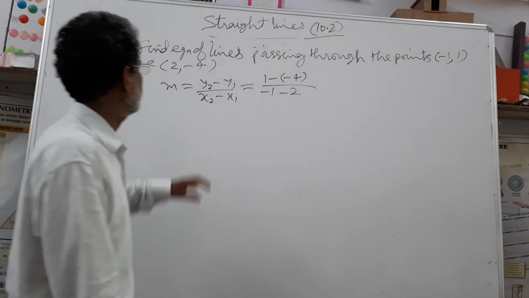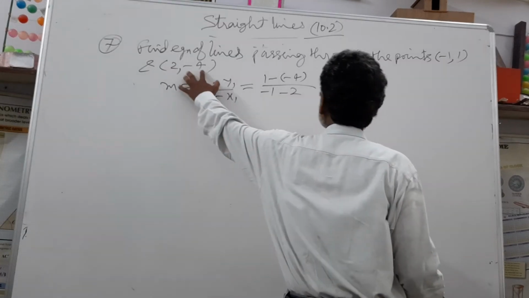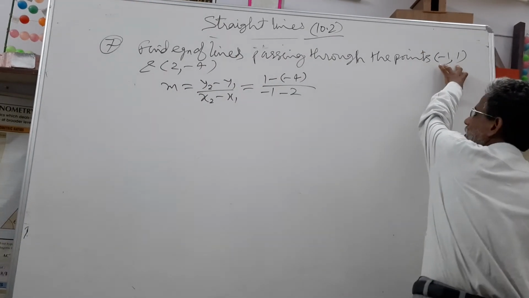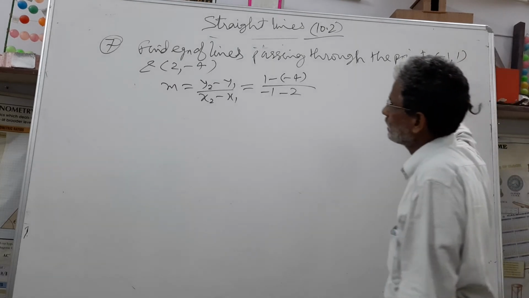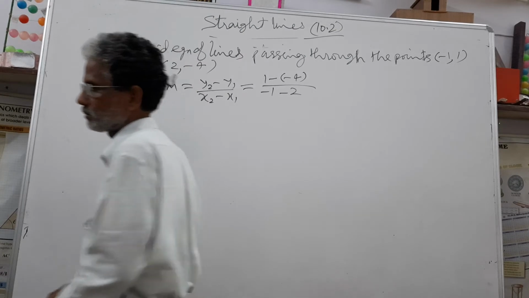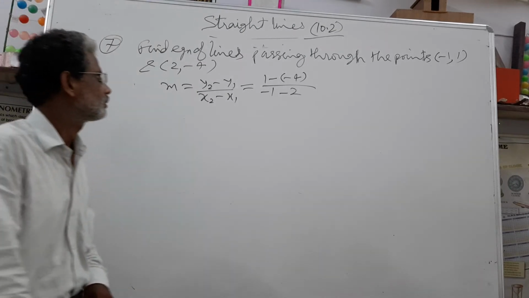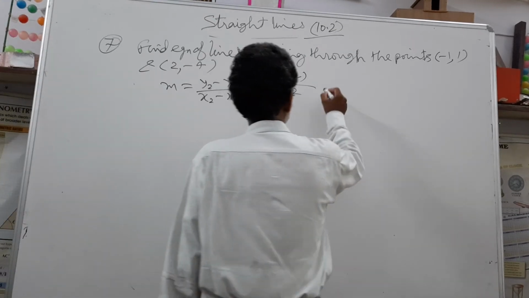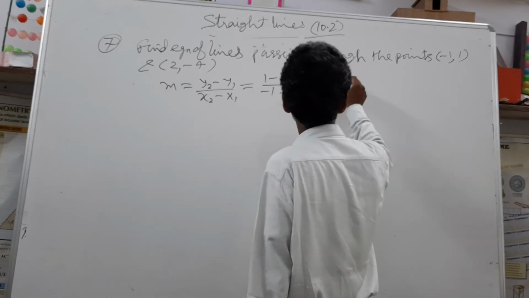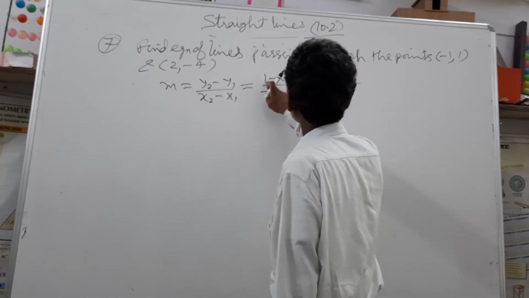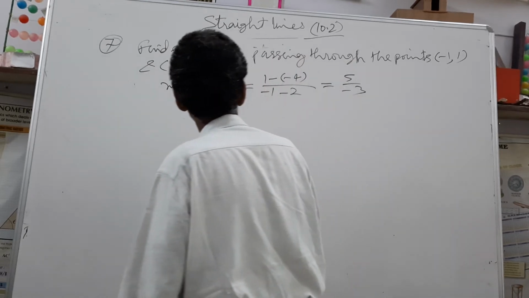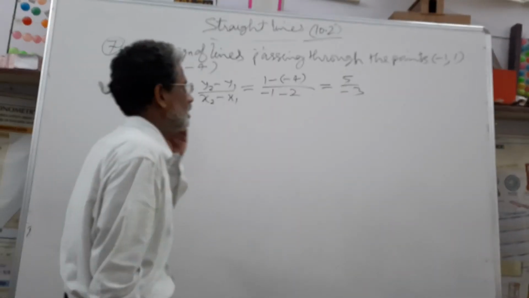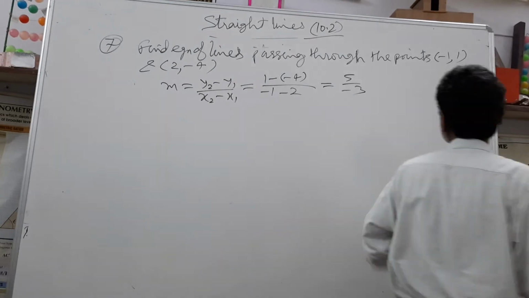You can take any point as x1, y1 and second as x2, y2, or take this as x1, y1, this as x2, y2. This is equal to 5 upon minus 3. Here we have taken first point as x2, y2.